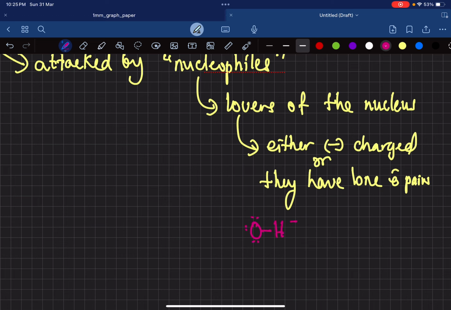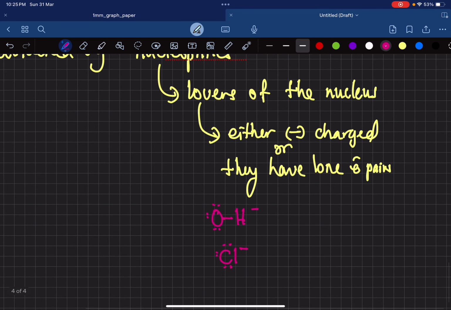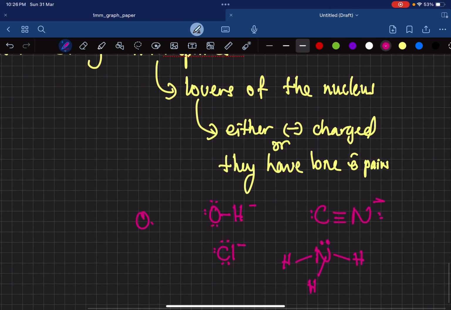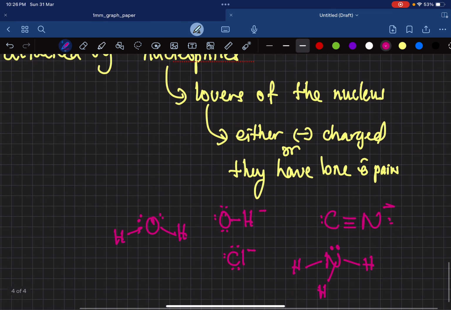Chloride, they have lone pairs and they're negatively charged. Cyanide is negatively charged and has a lone pair. Then we have ammonia, which is not charged but has a lone pair. In that same token, we can also use water, because it also has a lone pair. These are all examples of nucleophiles, so it can come under attack of a nucleophile.